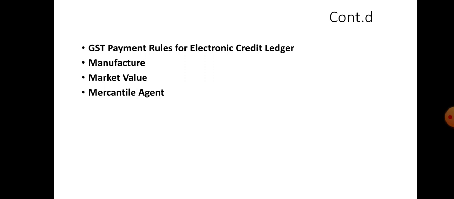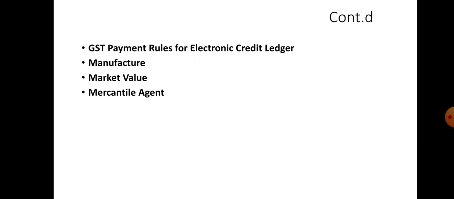Next is the term manufacture. Here the term manufacture is given under Section 2 subsection 72. Manufacture, as we all know, is a person engaged in the activity of converting raw materials into a finished product.